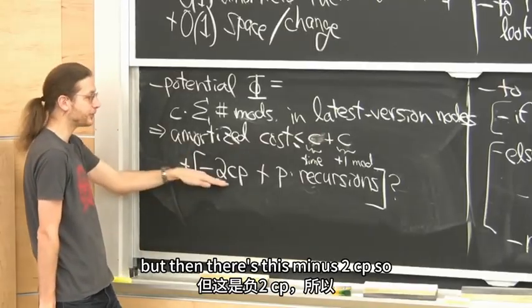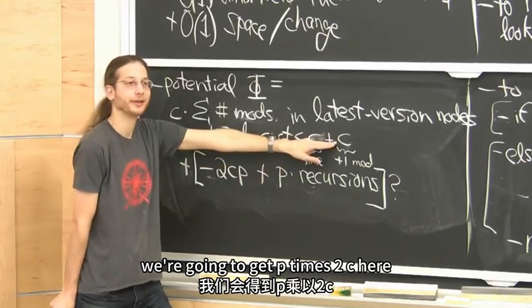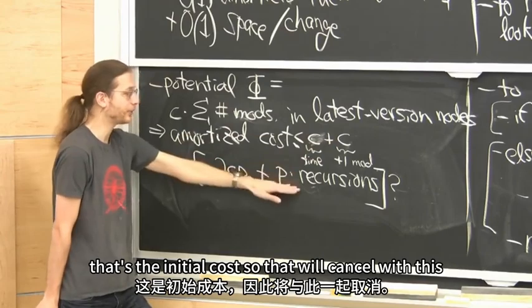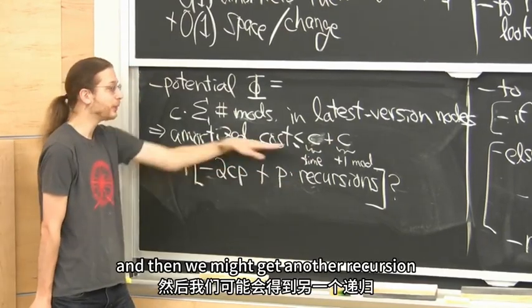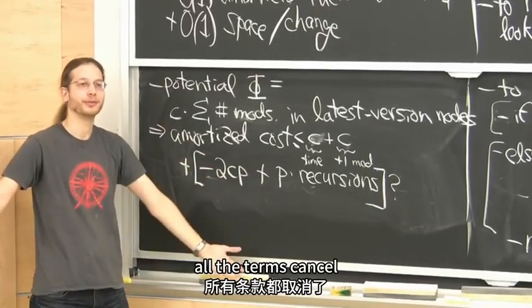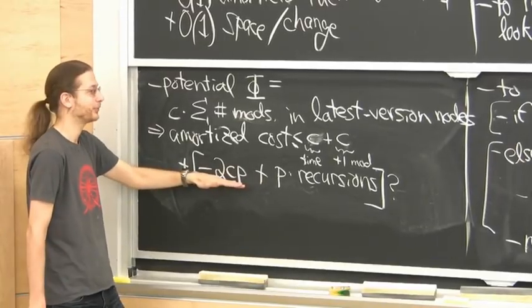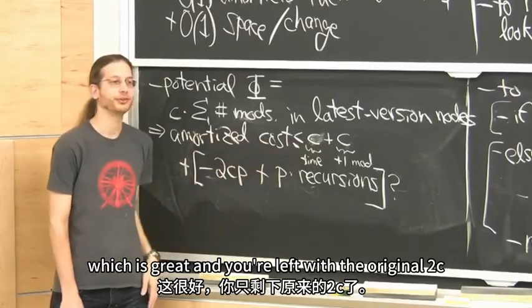Okay, but then there's this minus 2CP. So we're going to get P times 2C here. That's the initial cost. So that will cancel with this. And then we might get another recursion. But every time we get a recursion, all the terms cancel. So it doesn't matter whether this is here or not. You get 0. Which is great, and you're left with the original 2C.